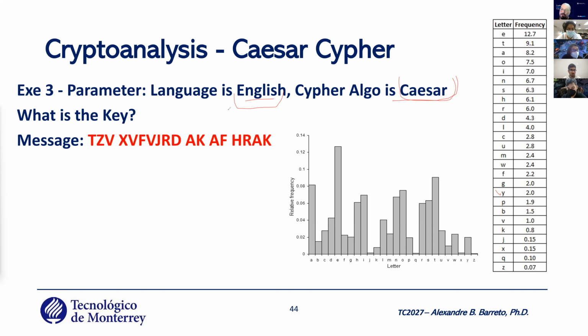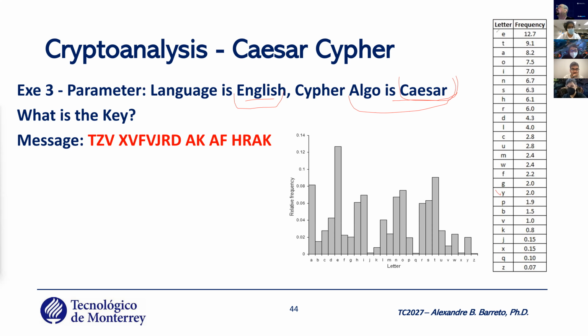Because you only use the alphabet to create the cipher, you can use a technique in cryptanalysis called frequency analysis. How to do it? Remember, it's in English. You can find on the internet the frequency analysis of the letters.